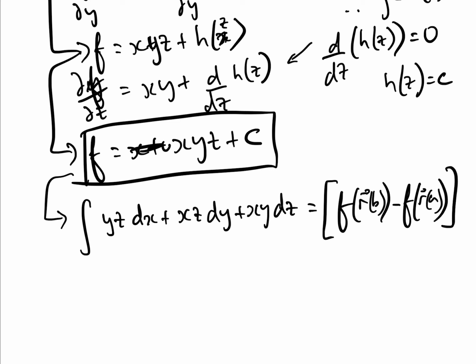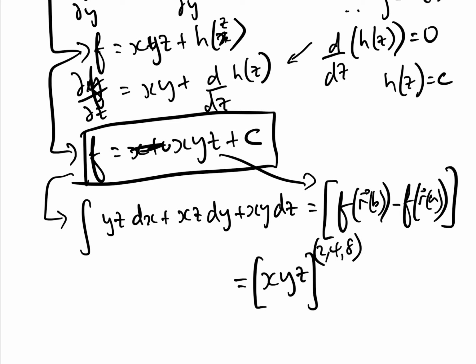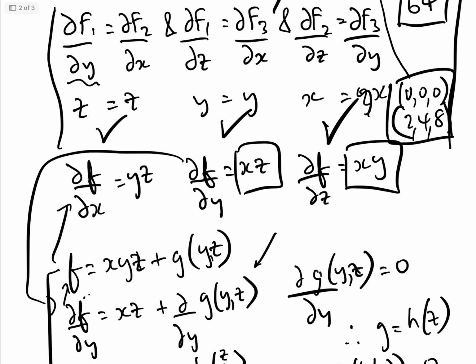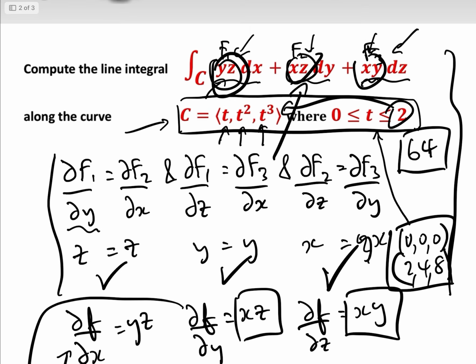And we've just established what r of b and r of a are, and we know what f is because we just worked it out here, which equals xyz between the point 2, 4, 8 and 0, 0, 0, which equals 2 times 4 times 8, which is 8 times 8, which is 64. Hurrah! We have the same answer by the fundamental theorem of calculus for this line integral as we did in the video where we worked it out the other way.